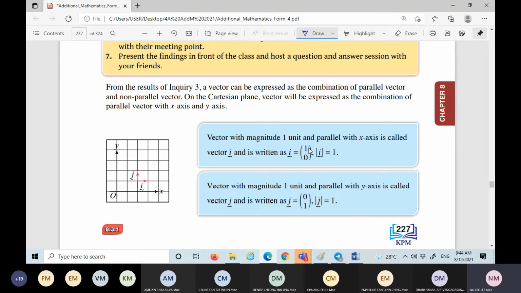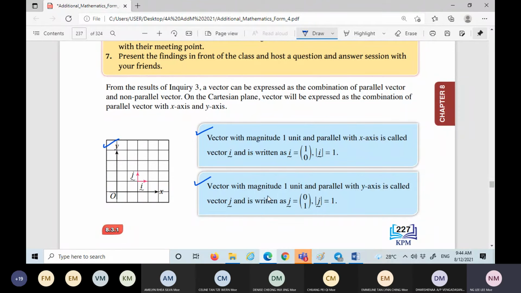The 1 here represents how many units in the x direction, and the second, the below one, represents how many units in the y direction. The magnitude of i is 1. They also mentioned that. So this one you can copy in your notes.